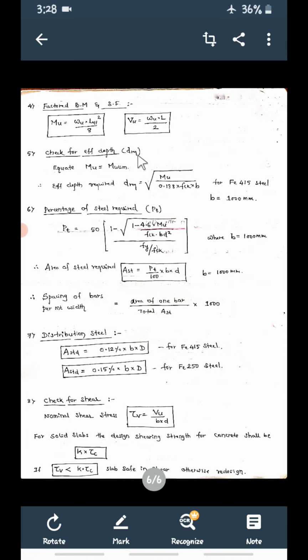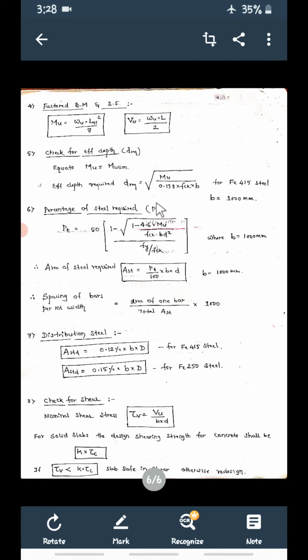Then check for effective depth as usual. Equate Mu to Mu limit. Whatever Mu you calculated here, equate this to Mu limit. Mu limit again depends upon the grade of steel. Suppose it is Fe415, then it is 0.138 fck B D square. From that, check how much D is required.